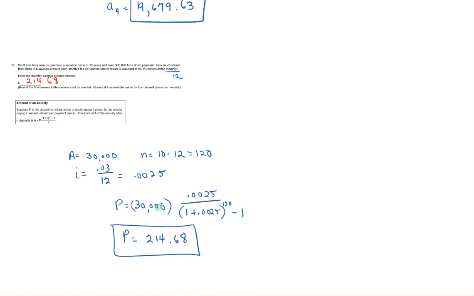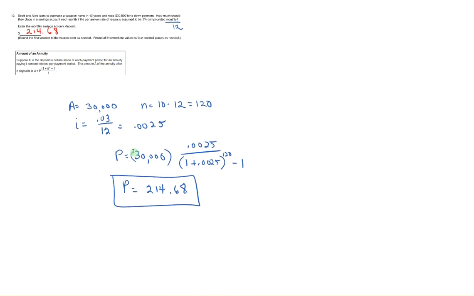Now, P is what we need. I didn't write it on here, but before you start, you need to solve this equation for P, meaning you would multiply by I, and then divide by (1 plus I) to the n, minus 1.